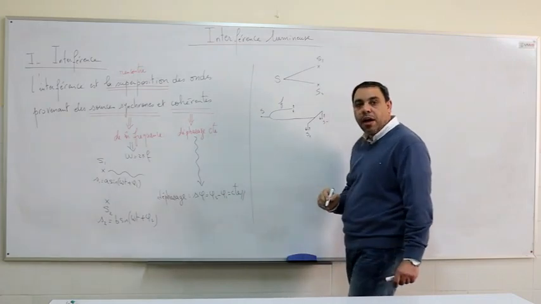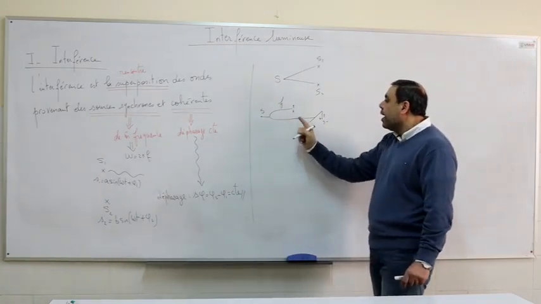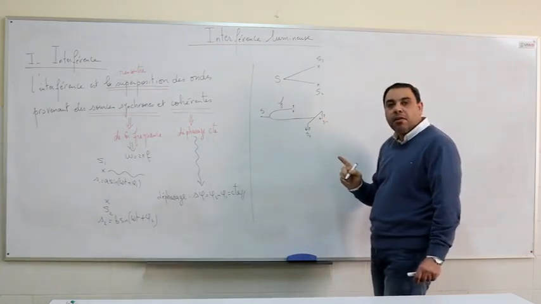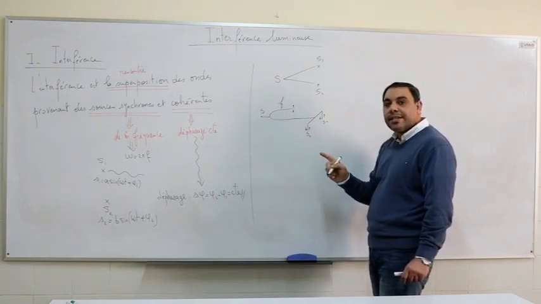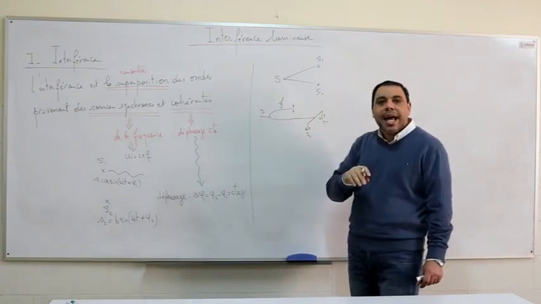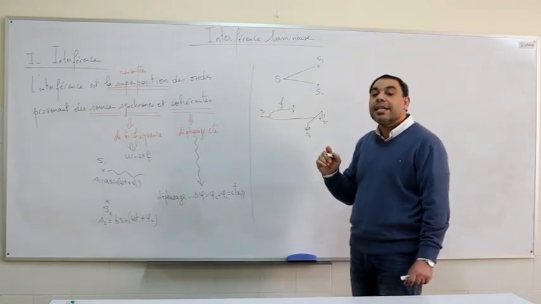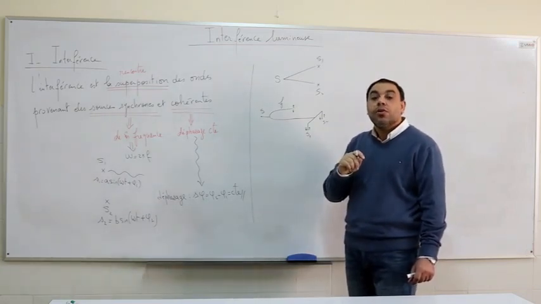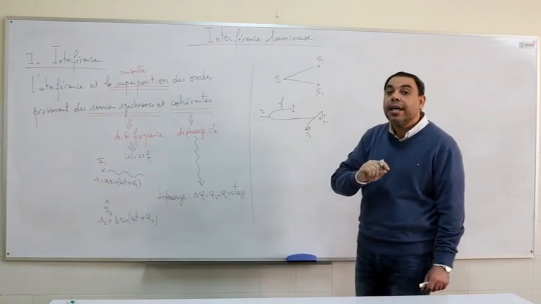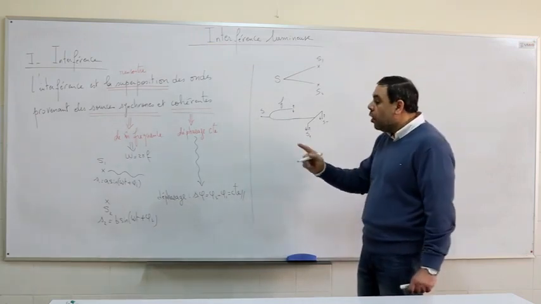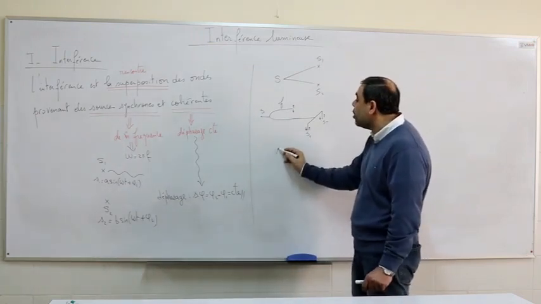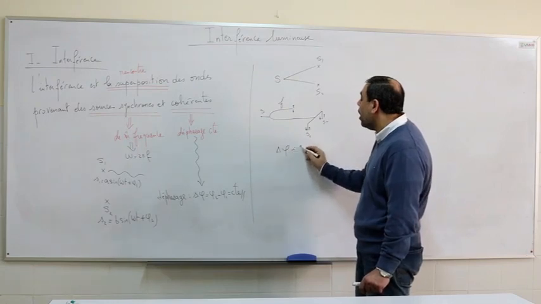As a result, S1 and S2 are the images of the main source, which is S. S1 and S2 have the same frequency as the main source S. S1 and S2 move together as a group. So we say that these two sources vibrate in phase. Hence, the phase difference between the sources is always zero.